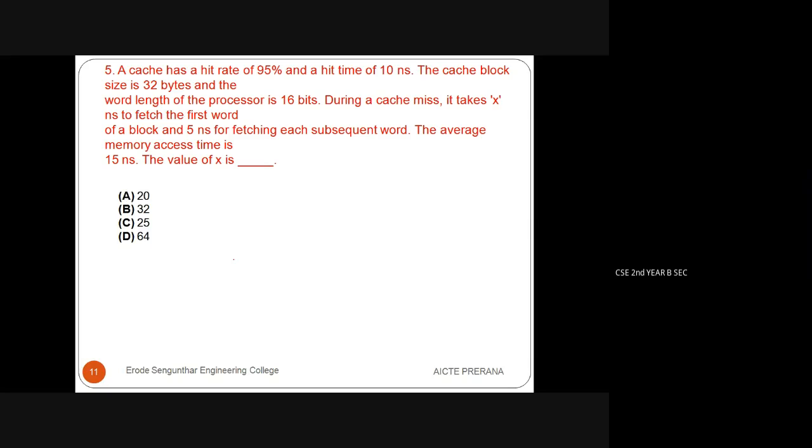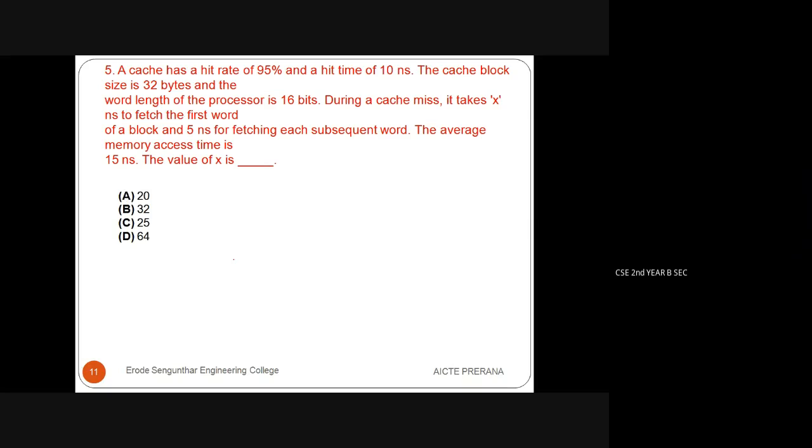So these are all the given data. During a cache miss, it takes x nanoseconds to fetch the first word of a block and 5 nanoseconds for fetching each subsequent word.